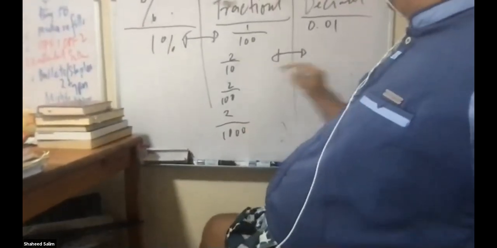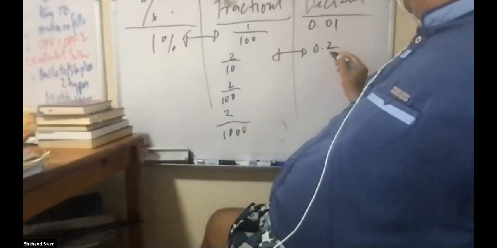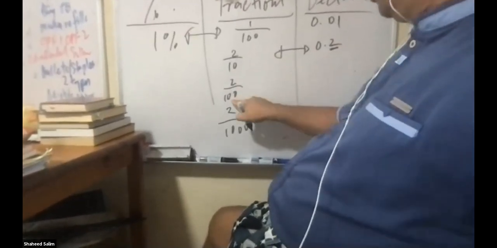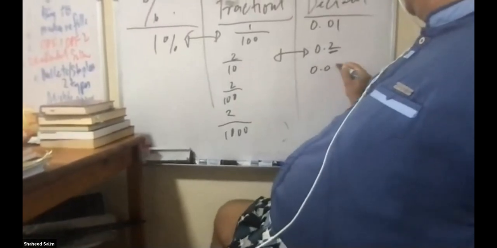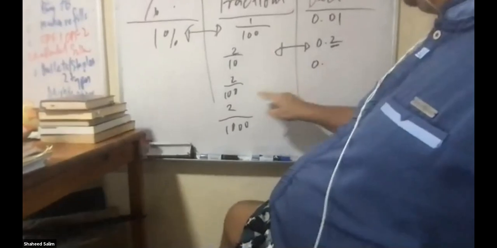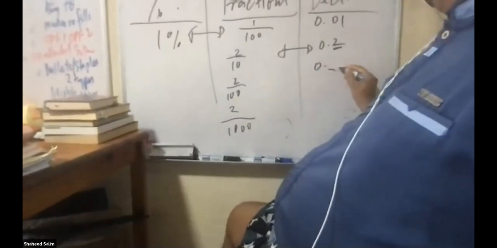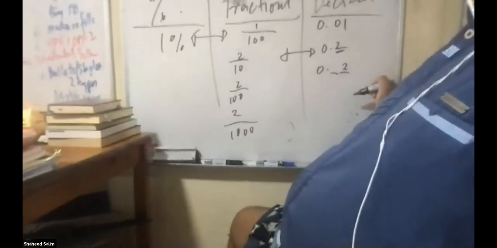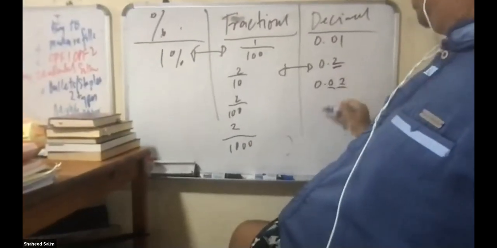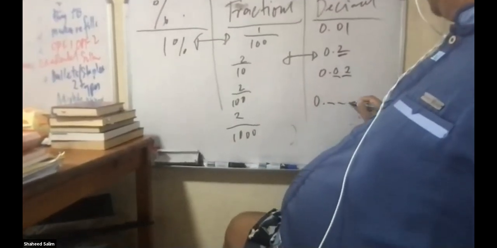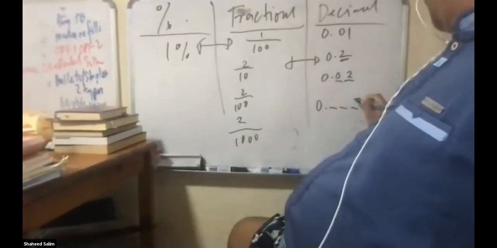So 2 over 10 is 0.2, 1 zero, 1 decimal place. 2 over 100, 2 zeros, 2 decimal places. Okay, never mind. 2 zeros, 2 blank spaces, write the 2 down here. 3 zeros, 3 spaces, write the 2 at the end.